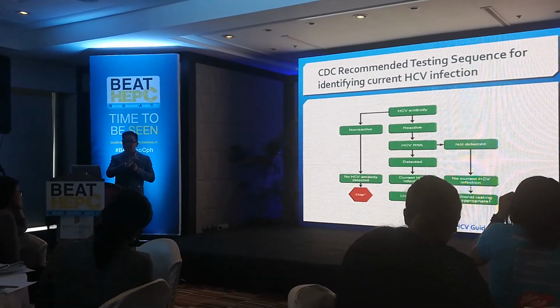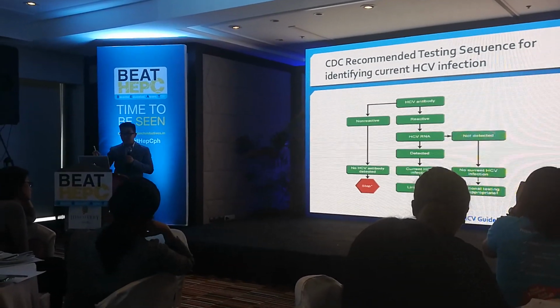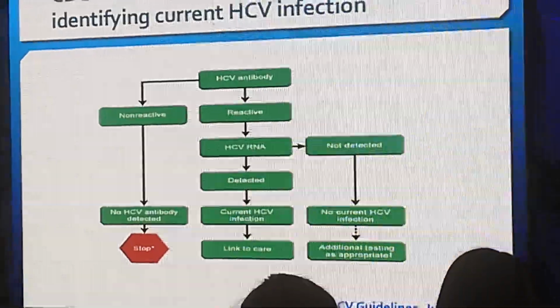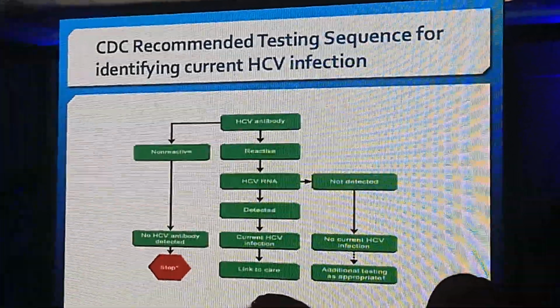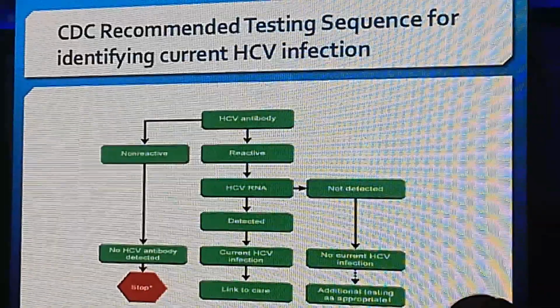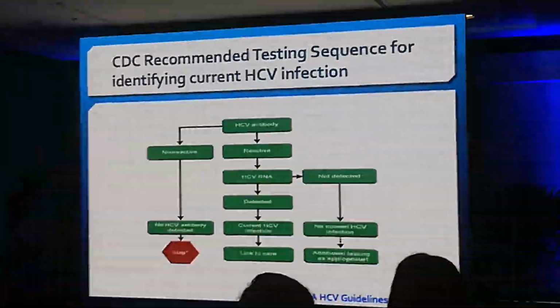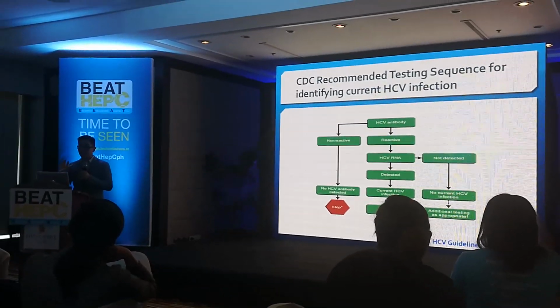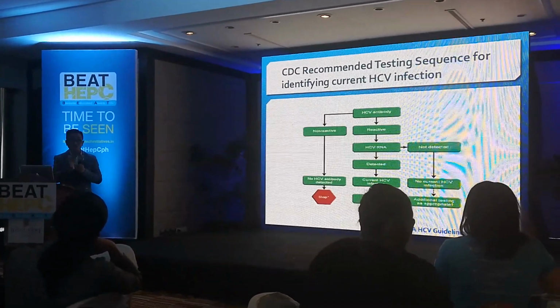So if you turn out to have any value for your HCV RNA, for example, mga 1 million, then it just means that you're currently infected with the hepatitis C virus. But if it's undetectable, ibig sabihin nun, you were exposed before and you're now cured. Okay, so the antibodies to the hepatitis C virus do not go away.